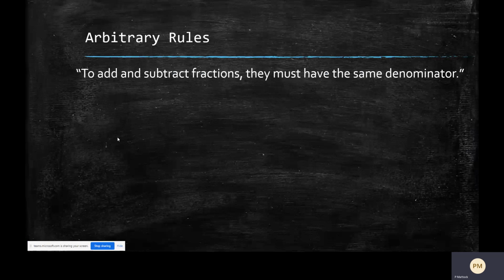Okay, I've been trying to add fractions, but what is it about addition that means they have to have the same denominator? And these are all rules that pupils may have come across that may have been presented in a relatively arbitrary way. It's just, this is a rule of mathematics that you have to follow all the time. And in fact, if we think about these things and look at what addition is and what fractions are and what other operations are and how they appear and how we make sense of them, then actually these rules are not arbitrary.